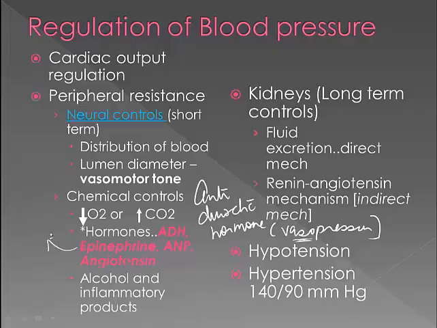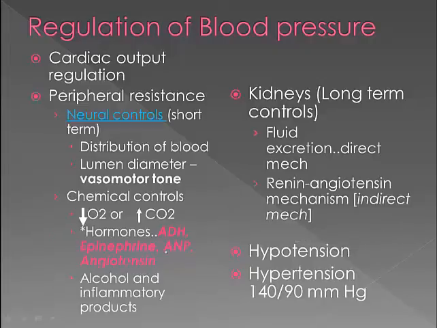Epinephrine, of course, is a hormone which causes vasoconstriction. And angiotensin, again, as the name suggests, angio is blood vessel and tensin is tensor or constriction. So these three hormones cause vasoconstriction and they will increase peripheral resistance.